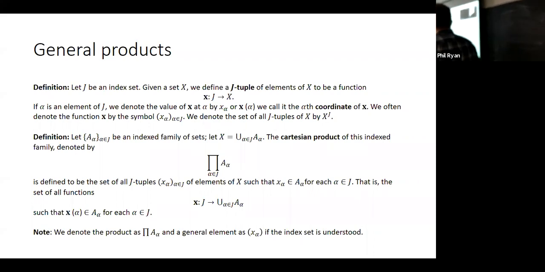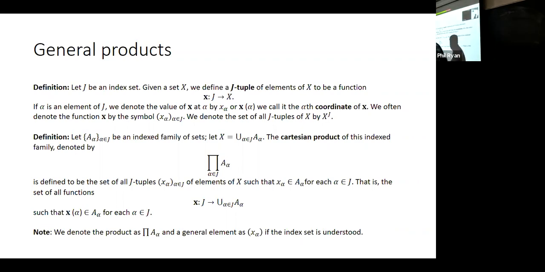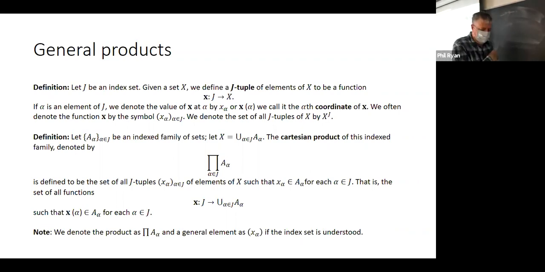Okay. Quite often it gets kind of annoying having to put the J in all the time. So we just drop the use of J when there's only one index set there. We know what the index set is. So this is the Cartesian product, and that's a general element, some sort of J tuple.